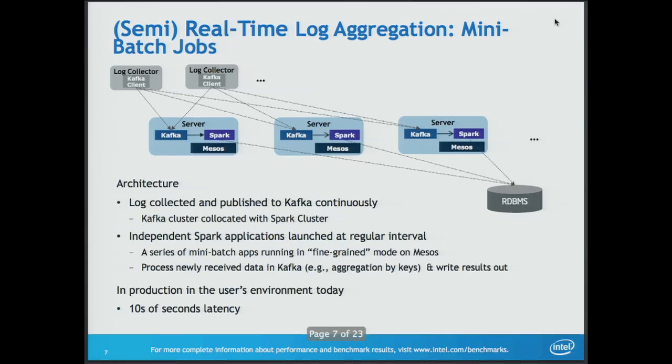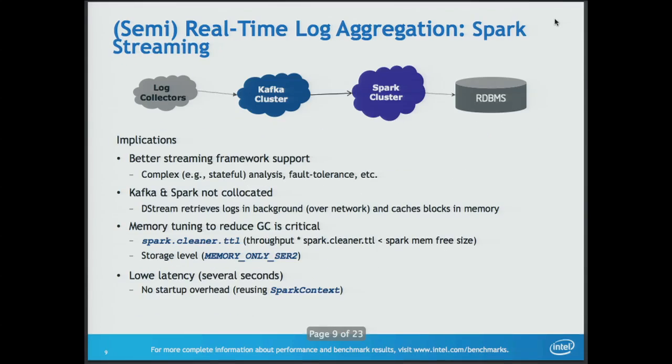Our implementation is based on running independent Spark jobs, so we can potentially run it in Spark Streaming. This is what we are currently working on, migrating the application to Spark Streaming, which will provide better streaming support. For instance, it allows us to do complex stateful analysis, provide better fault tolerance, and so on.